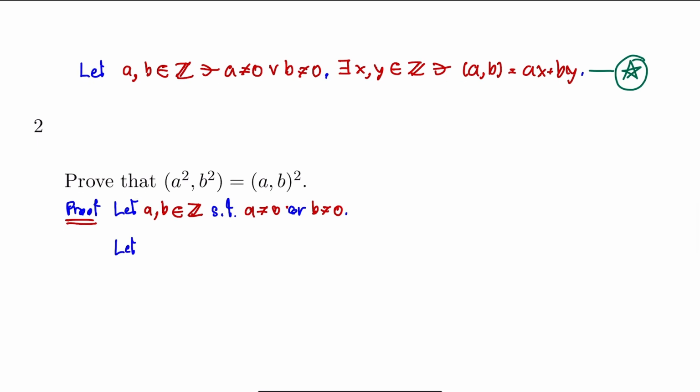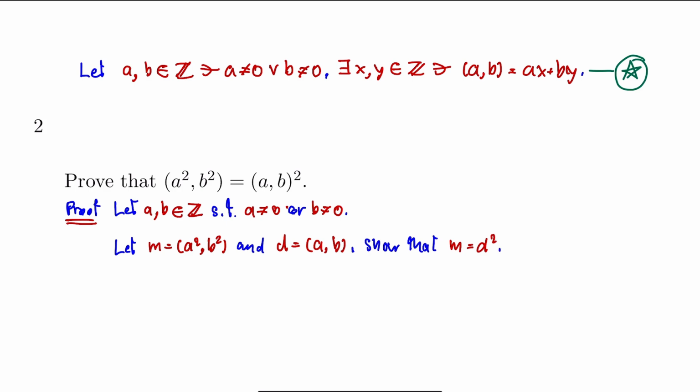We let m be the greatest common divisor of a square and b square, and we let d be the greatest common divisor of a and b. We will show that m equals d square.